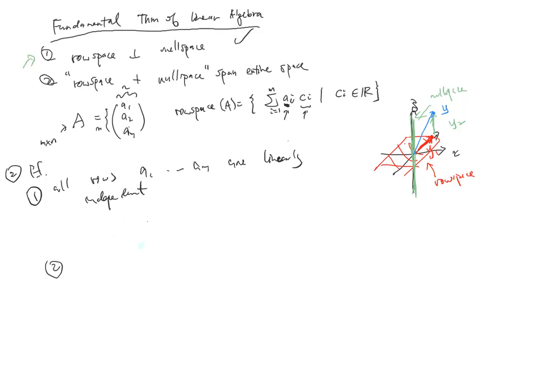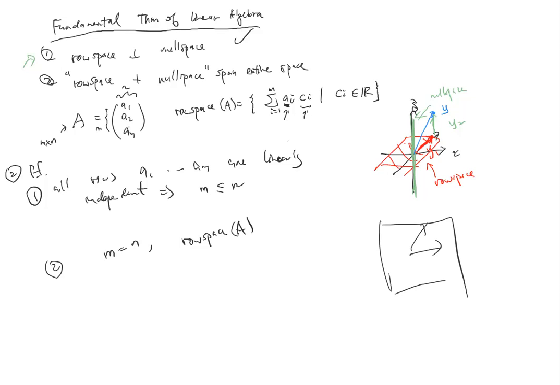So let me just write it down here. From here, we already implied that m is less than or equal to n, but we can consider the case when m equal to n. In that case, the row space will just span the entire space, right? Because I have n linearly independent vectors, they will span the entire space. Just think of a 2D space: you have any two vectors that are linearly independent of one another.